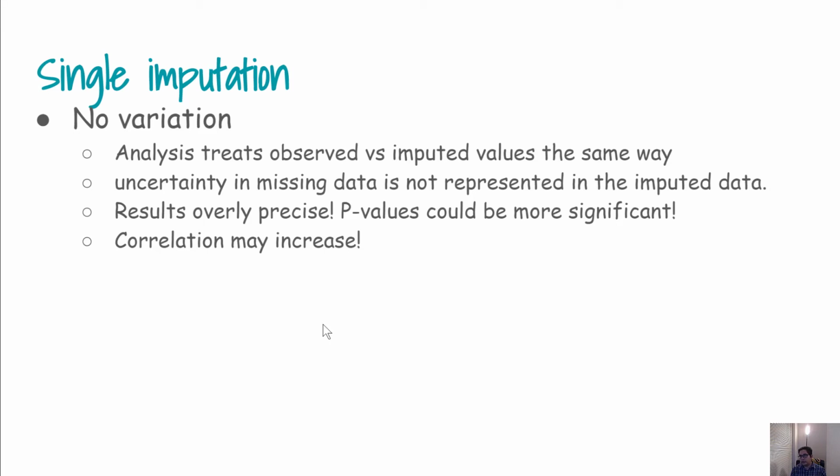Even for the stochastic regression method, adding the error term when determining the predicted values gives you some hope of additional variability that should be in imputed data, but even that might not be adequate for us to give a proper standard error, and the uncertainty in the missing data is not represented well even in that stochastic regression approach.